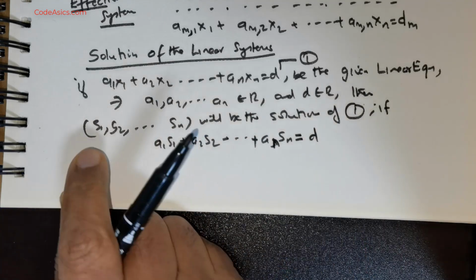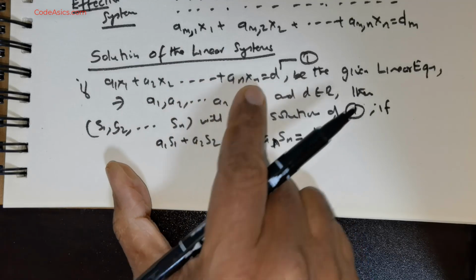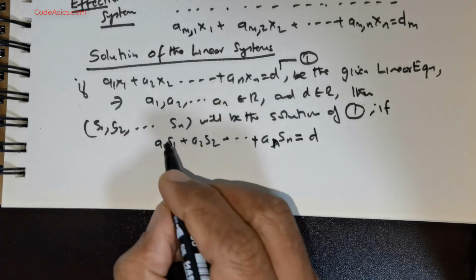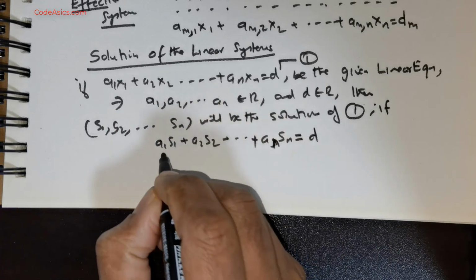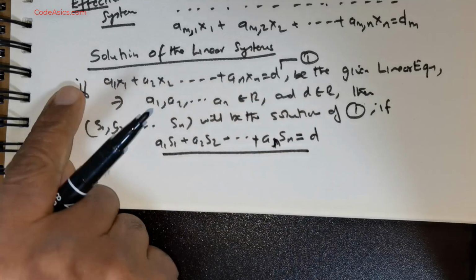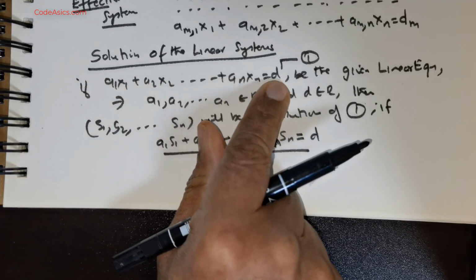Okay, so in place of x1, x2, etc. xn, if I were to substitute s1, s2, s3, then the combination should produce me the right hand side. Now this is for one equation.